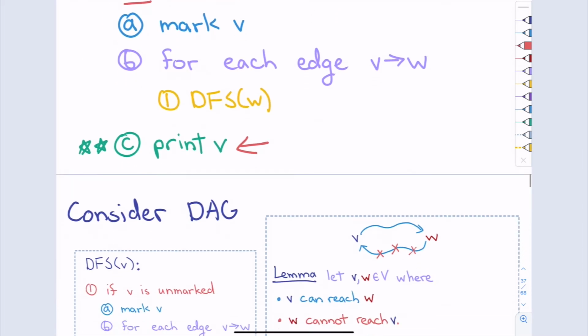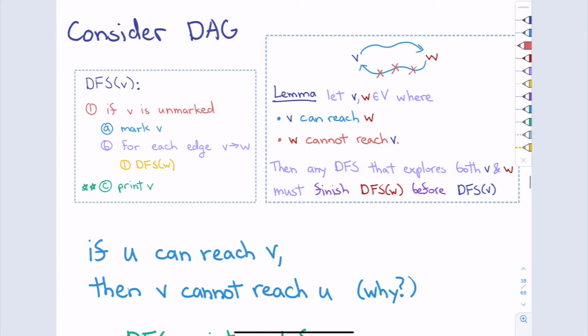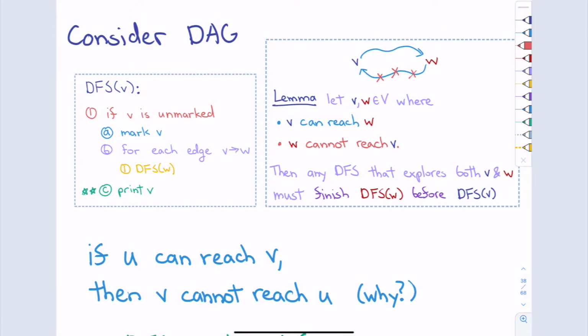Suppose the graph is a DAG. If a vertex U can reach a vertex V, then I'll suggest that V cannot reach U, but why? Yeah, that would give you a cycle.